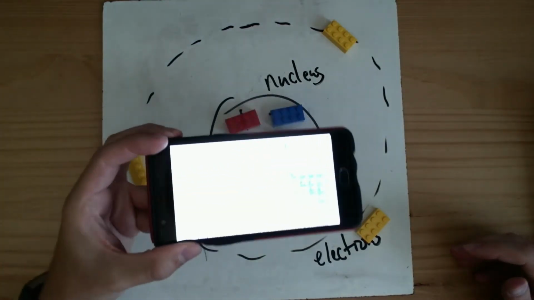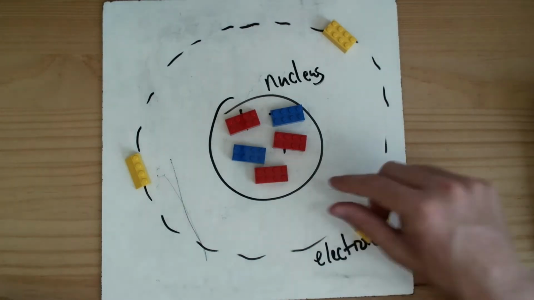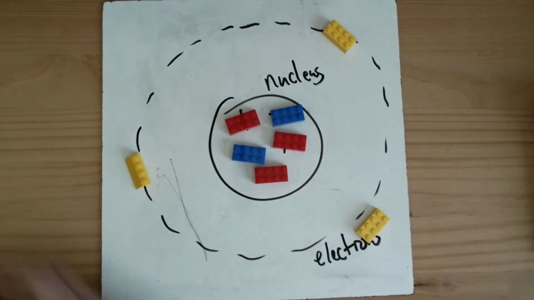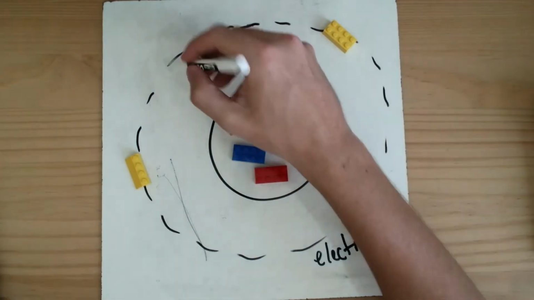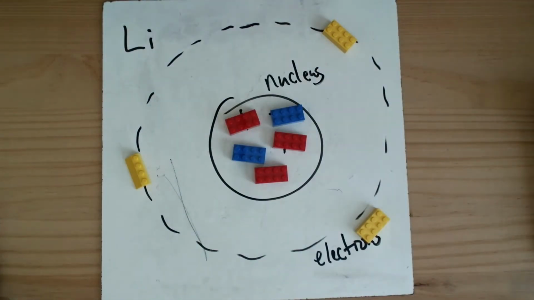It's not showing up terribly well, but most of you know what a periodic table looks like. And I can find the element that has 3 protons in it is called lithium. So I know that this atom is a lithium atom. It's Li. So I've got 3 protons in my lithium atom.